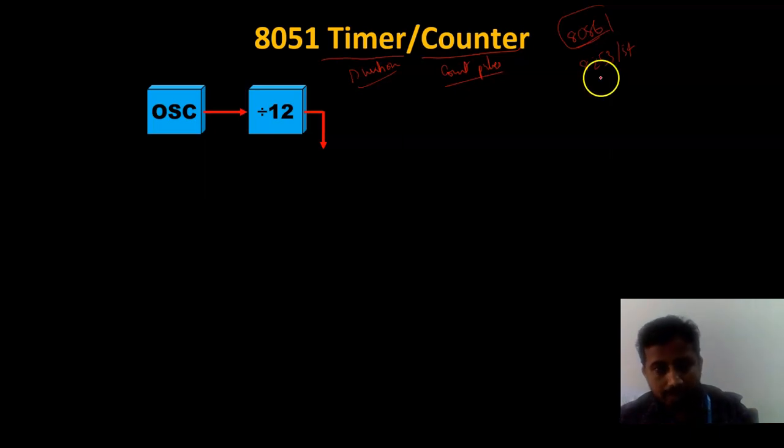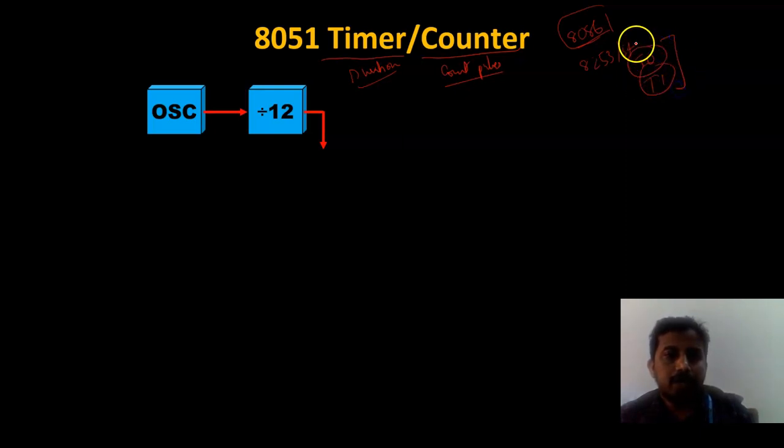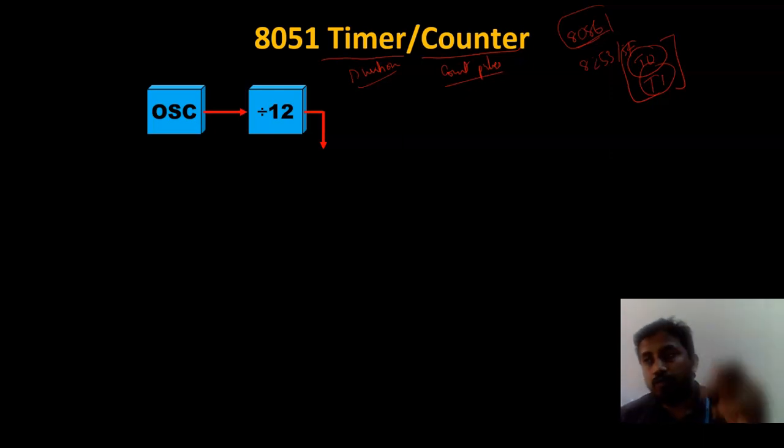You can define timer 1 and timer 0 as a counter or a timer, as per your requirement. If you want to find out the time duration, you can make it a timer. If you want to make it a counter, you can make it that.